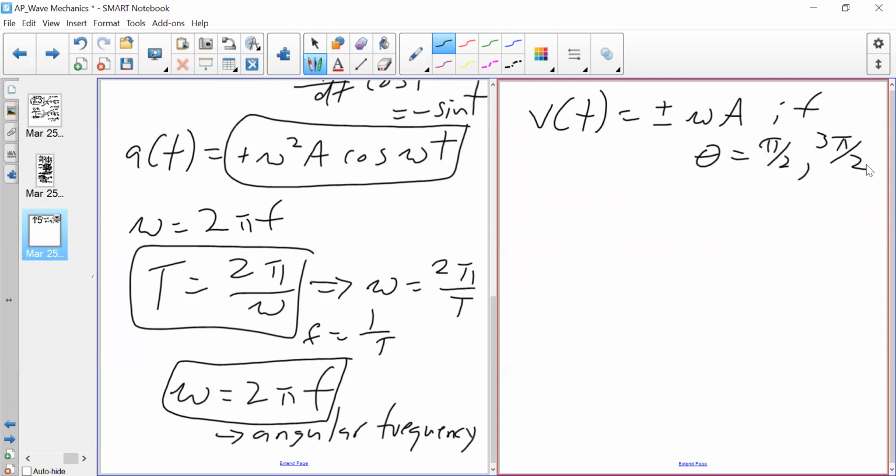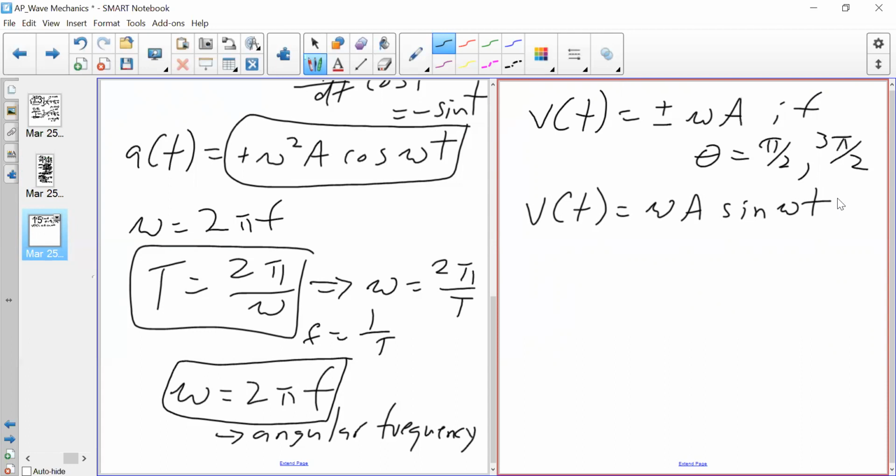Actually, this is a sine function, right? So sine of pi over 2 is 1, and sine of 3 pi over 2 is minus 1. So v of t equals omega A sine omega t.